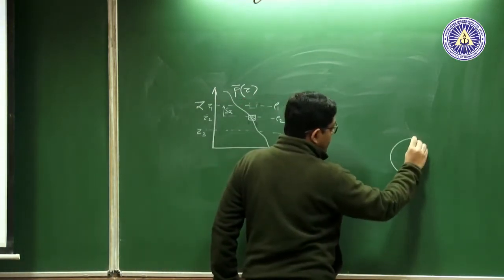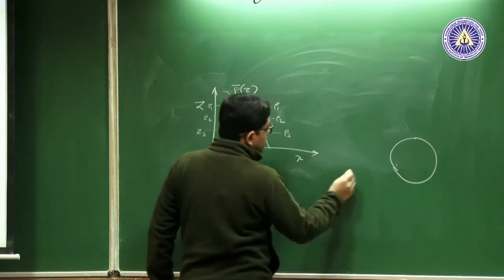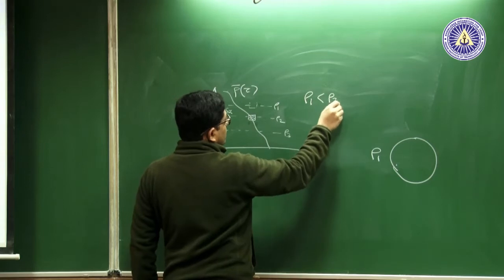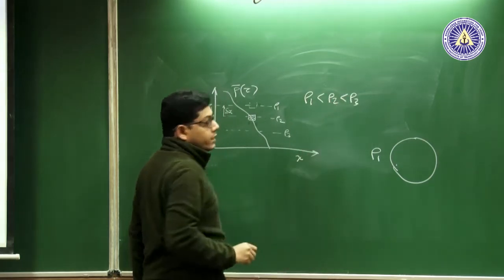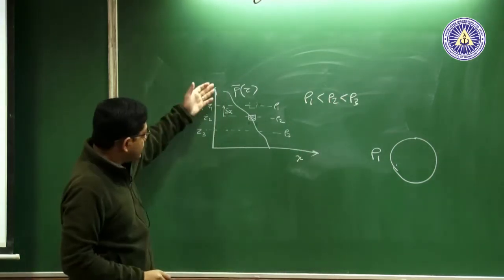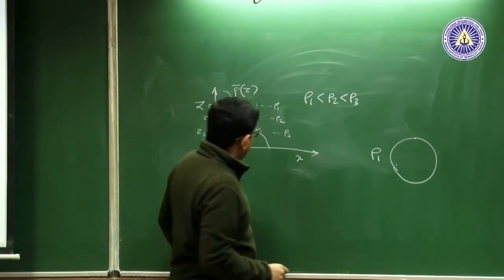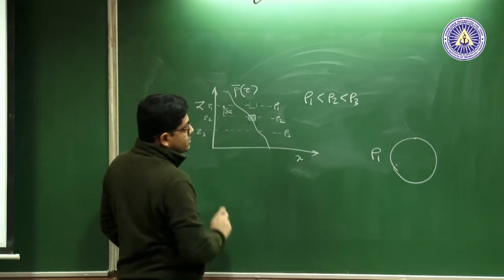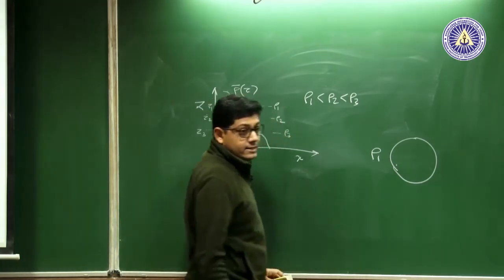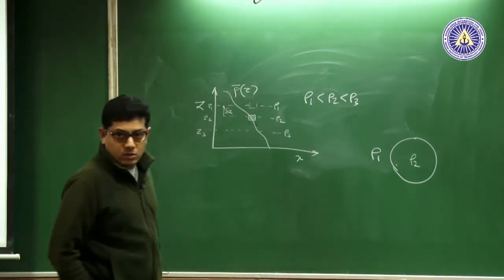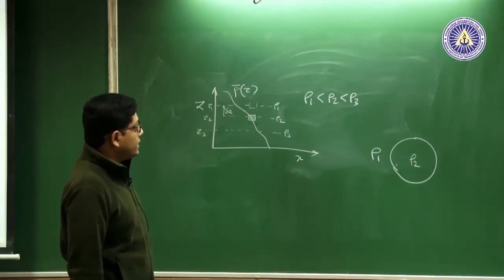I am just drawing the picture here. The ambient is rho 1, and because it is stable stratification, rho 1 is less than rho 2. Now that the parcel has gone to Z equals Z1, the ambient fluid has density rho 1 and the density of this fluid is rho 2, and you know that rho 2 is greater than rho 1.